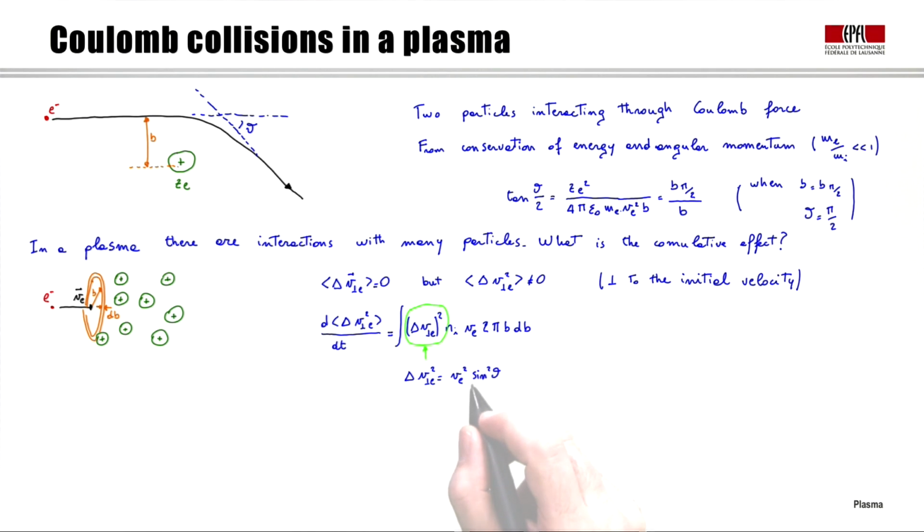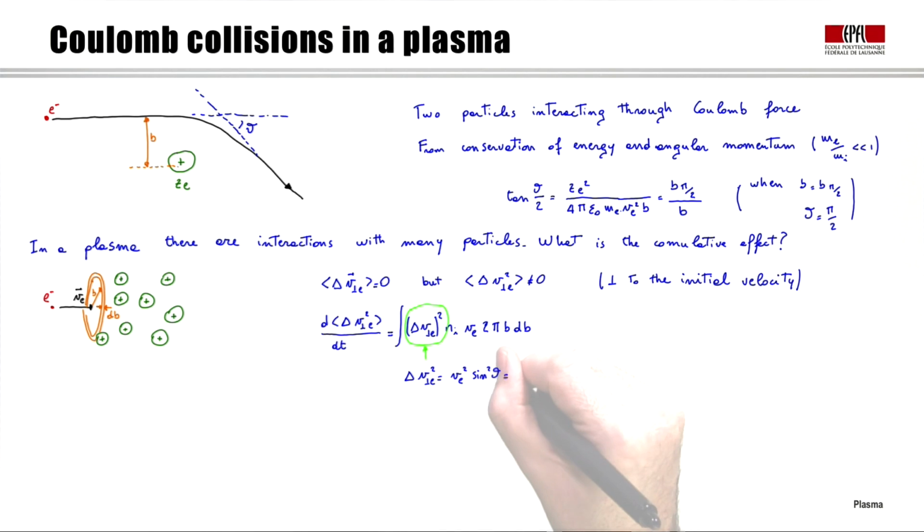Now we can use one of the properties of the sine function, that sine of theta is equal to 2 sine theta over 2 cos theta over 2.